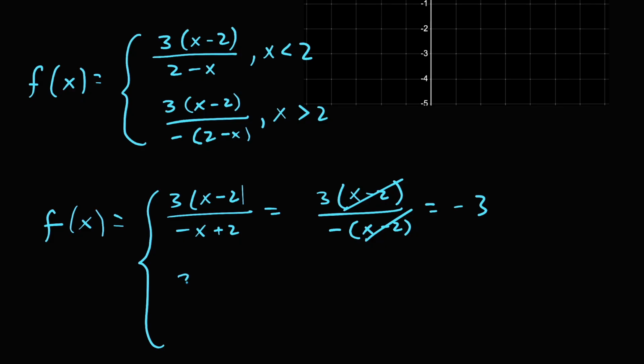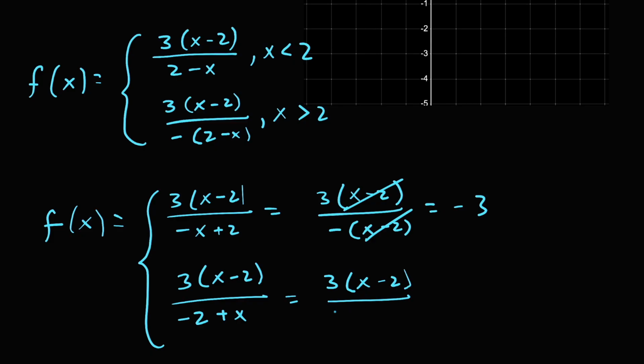For the bottom piece, we have 3 times x minus 2 over, we can distribute that -2 plus x. So we're going to have 3 times x minus 2. And if we want, we can factor out that negative or just rearrange some pieces. We're going to have just x minus 2 if we rearrange the pieces. And we can see they cancel out and we're left with 3.